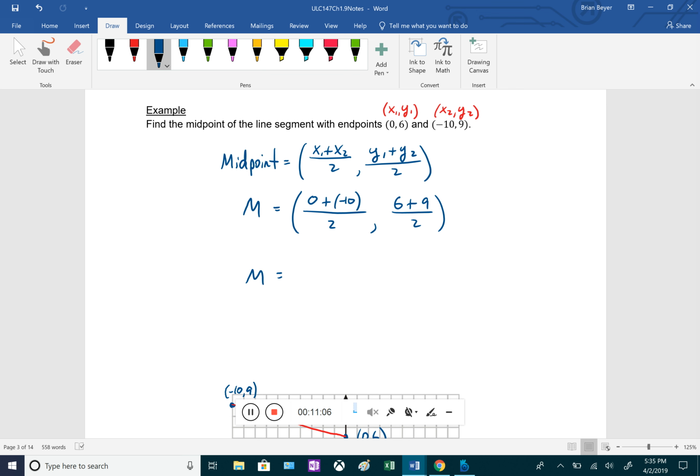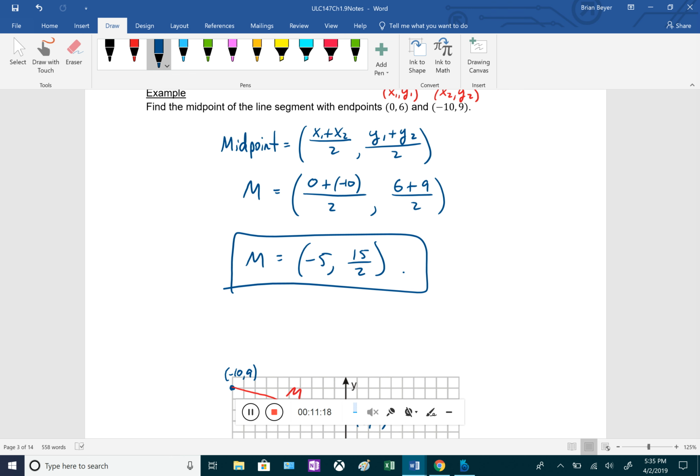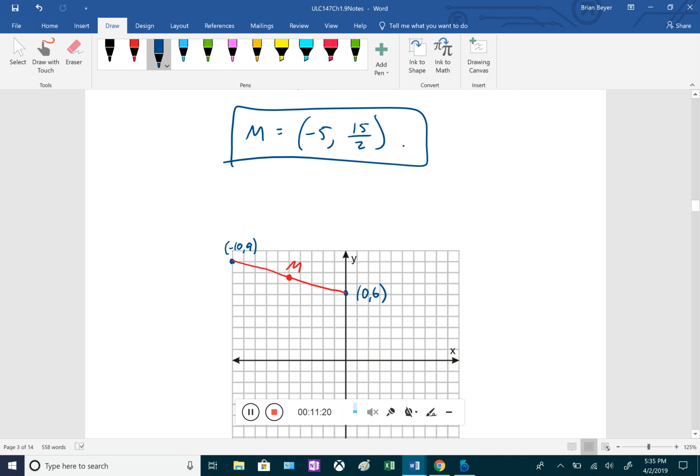So it's going to be negative 10 divided by 2, which is negative 5 for the x coordinate. 6 plus 9 is 15, 15 over 2. So that'll be about 7.5, but we'll leave it just like that. So taking a look to make sure it makes sense with our answer, that M actually does look like it is exactly at negative 5 comma 15 over 2.